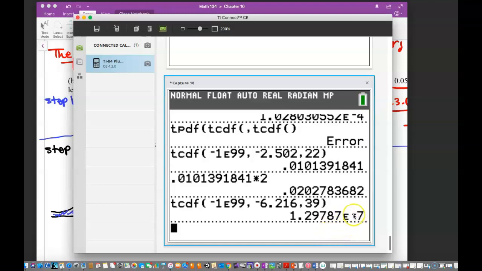Here we have negative 7, which means I have 7 decimal places. So I'm writing the answer for that part.